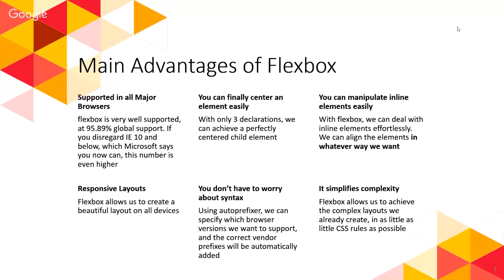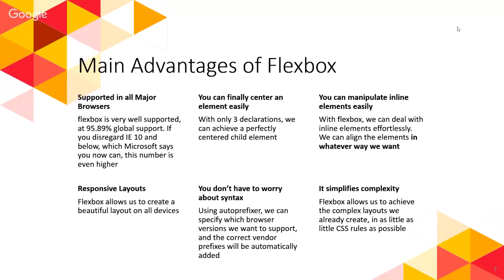Using this autoprefixer, we can specify which browser versions we want to support, and the correct vendor prefixes will be automatically added. So that means we can use Flexbox on pretty much every browser. And the sixth one, it simplifies complexity.